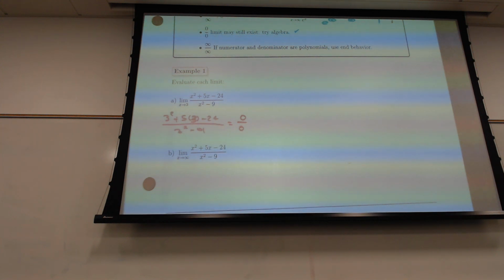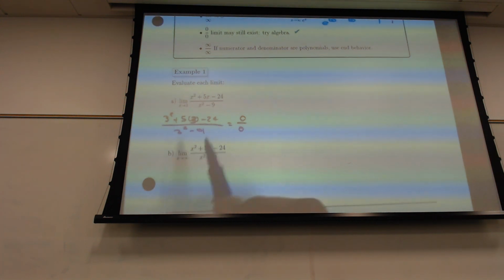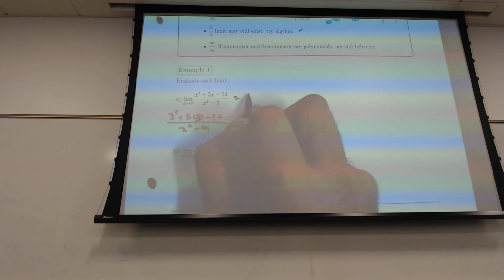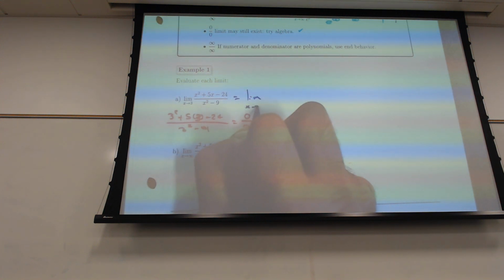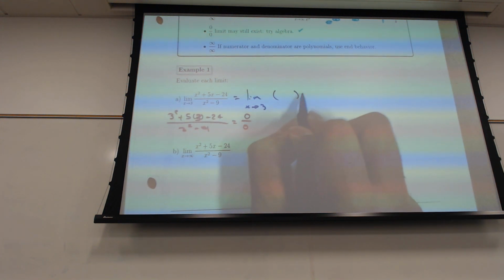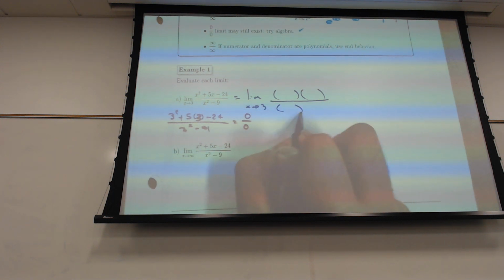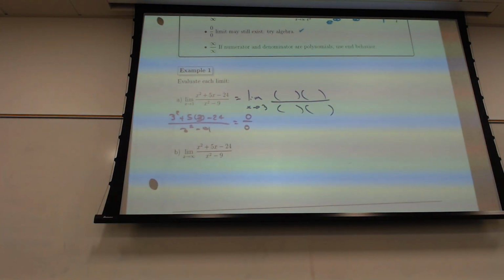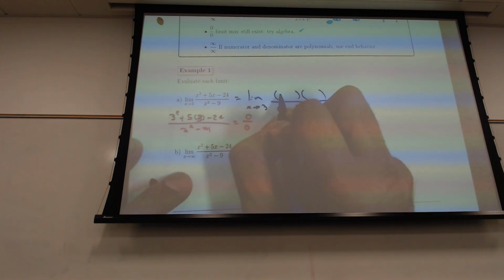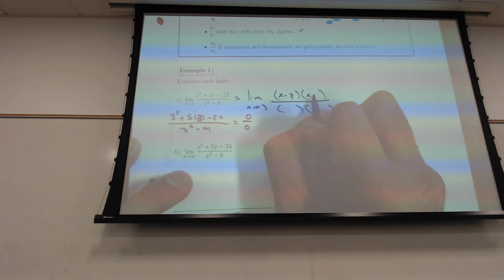So in this case, let's simplify the expression using algebra. So what about the numerator? We will need to factor that in the numerator. How can we factor this one? To factor x squared plus 5x minus 24: x minus 3, x plus 8.